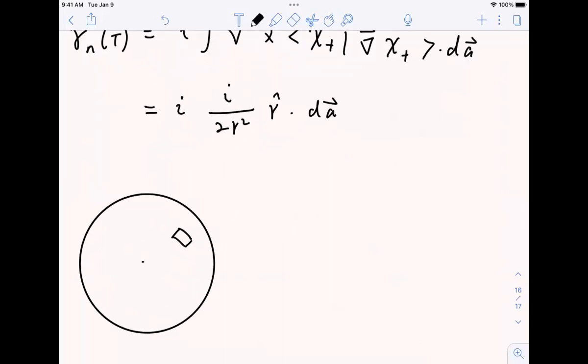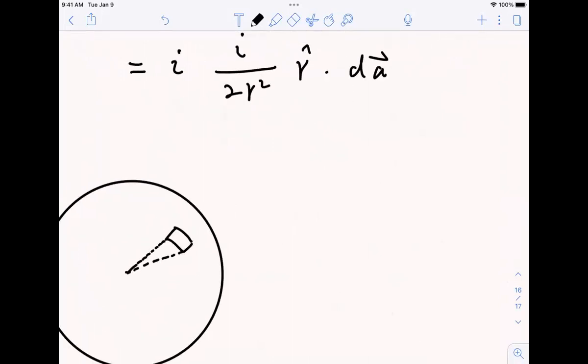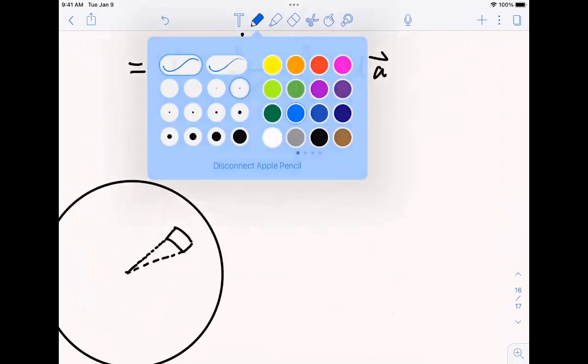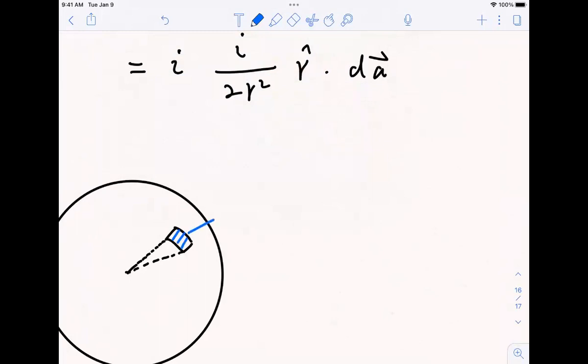So how do you get this? This dA is pointing radially. dA equal to this area element, pointing radially.